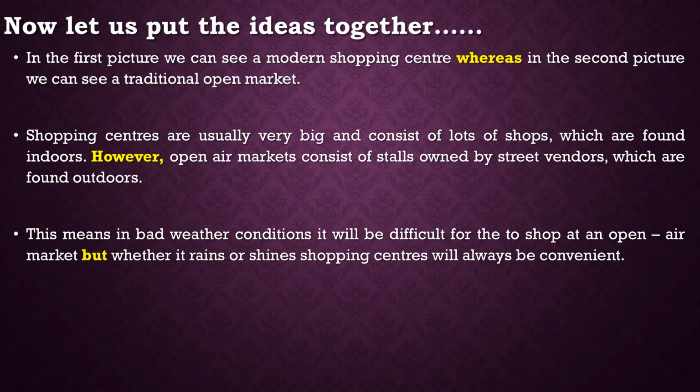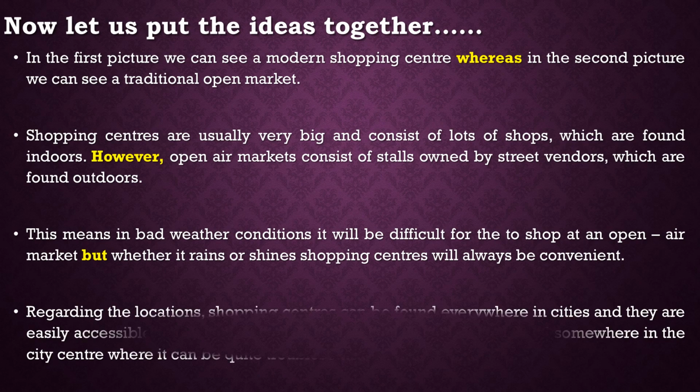Now, if you see, I have given you the ideas in yellow, the hints whether it's a comparison or a similarity. So for the first one, whereas, and the second one, however, it's a comparison. And the third one is also a comparison, but. Alright, let us look at the next one.